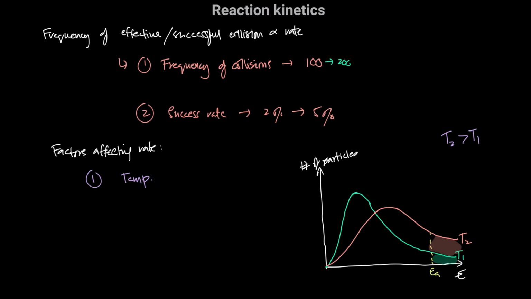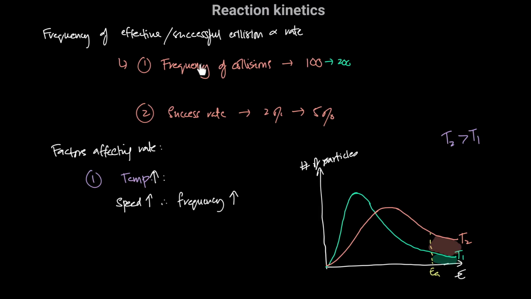And when we increase the temperature, I first of all increase the speed of the particles. So if I increase the speed of the particles, therefore the frequency of collisions also increases. I have more collisions taking place per unit time.